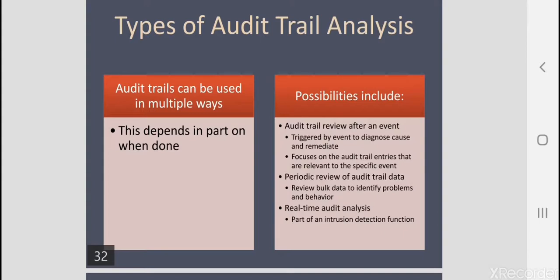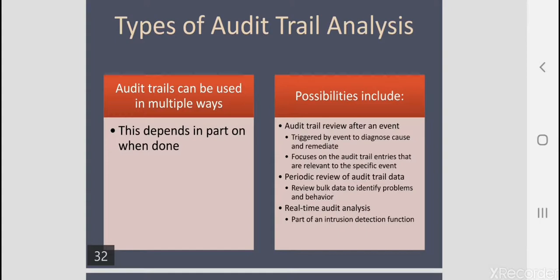For example, we have a breach, or we have just detected an attempt for a breach, or we have just received a ransom message from a hacker claiming that he has encrypted our data and is asking for a ransom. So we are doing an audit trail review after this event in order to review everything, check the compliance and so on, and later see who is accountable for that.